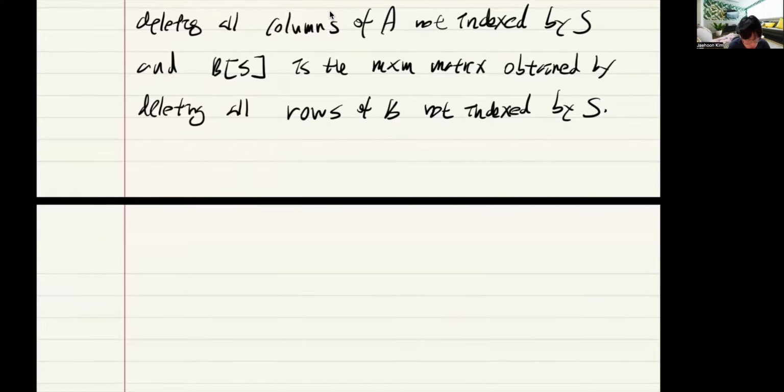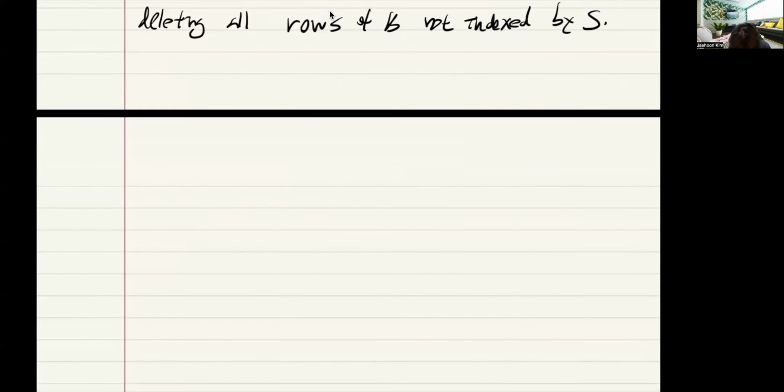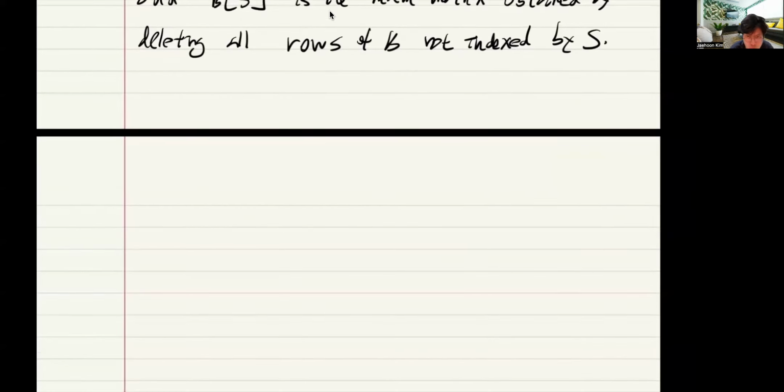So what can we do? Again, as I mentioned before, we give an orientation to the edges, and then we consider the incidence matrix.